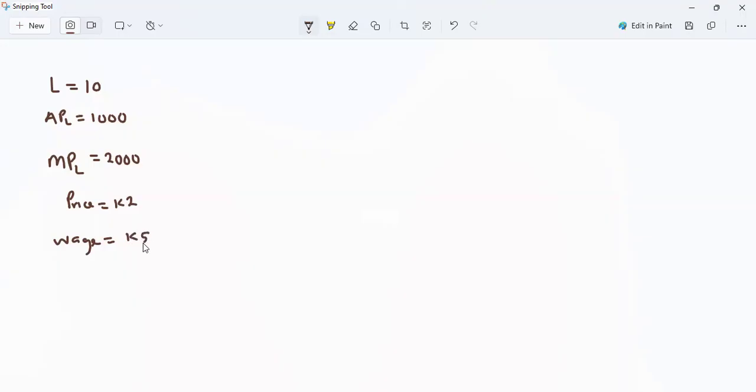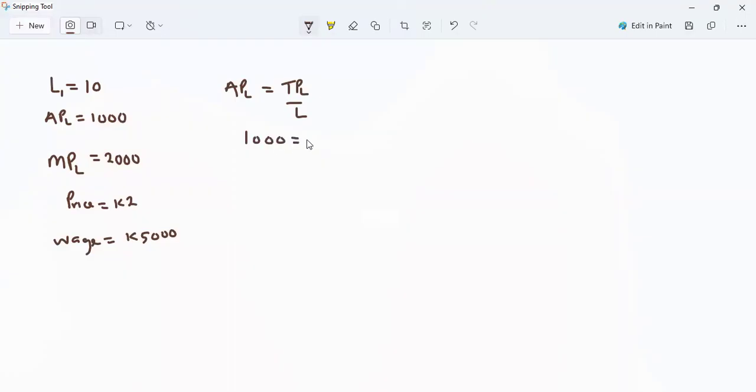So first, let's calculate. We have how many laborers? We have 10 laborers. So we know that average product of labor is equal to what? The total product of labor divided by the number of laborers. We're told that the average for these 10 laborers is 1,000.